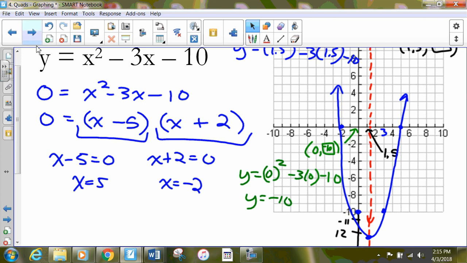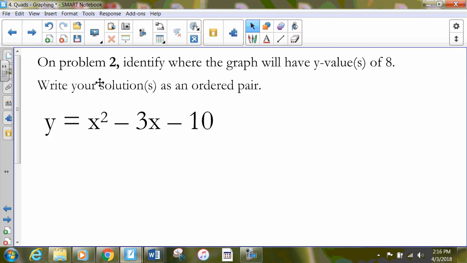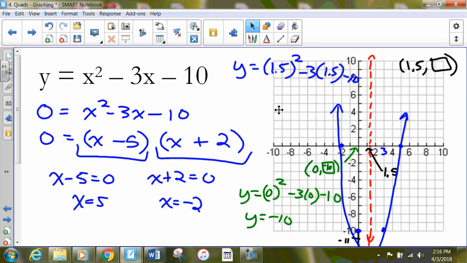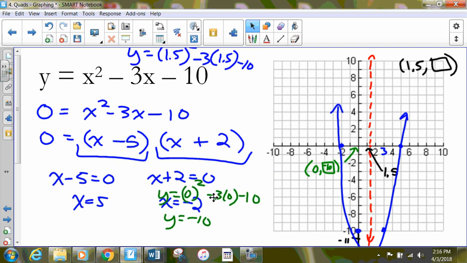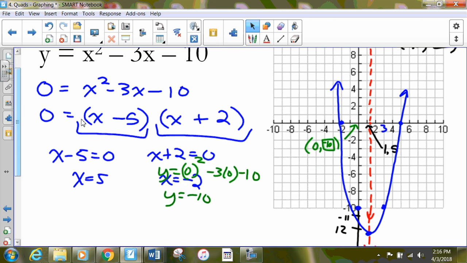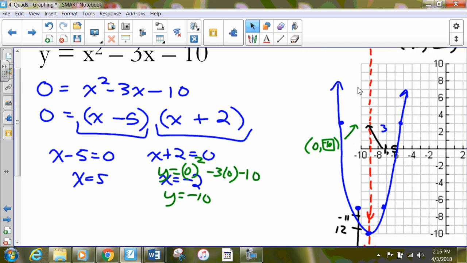All right, and our last question, I believe, is asking us to look back at problem number 2 and find where the graph has a y value of 8. So let's go ahead and do what we did before and copy our graph. So many things are in the way of our graph. Let's see if I can move some stuff. Okay, I'm going to copy our graph like I did before.